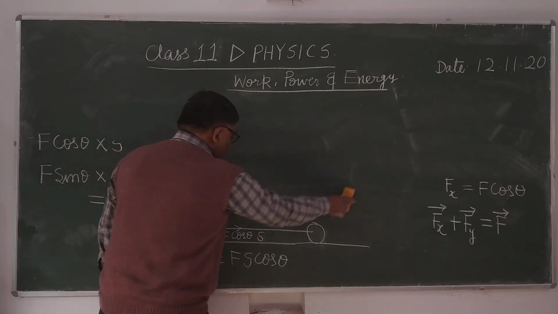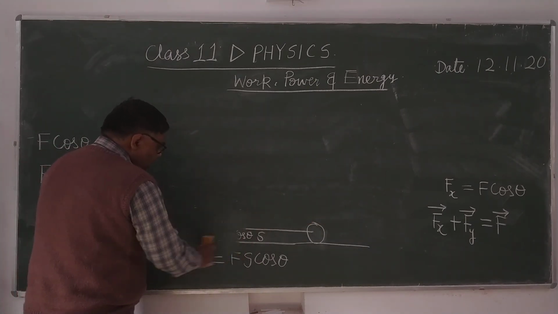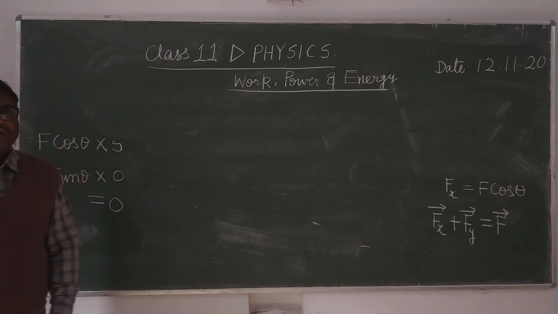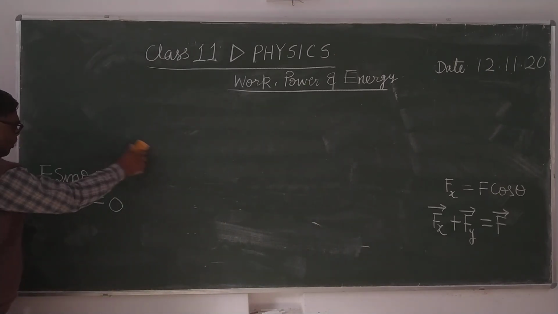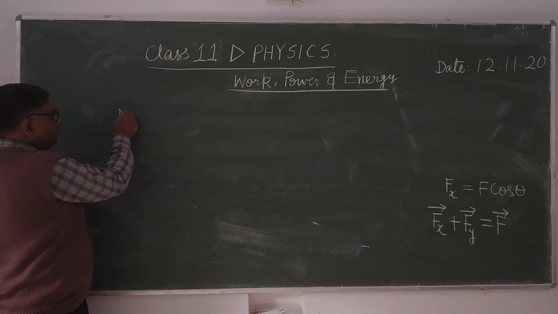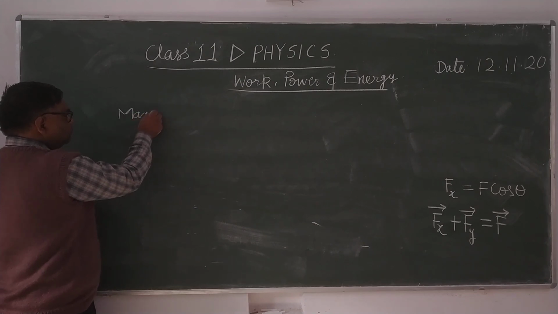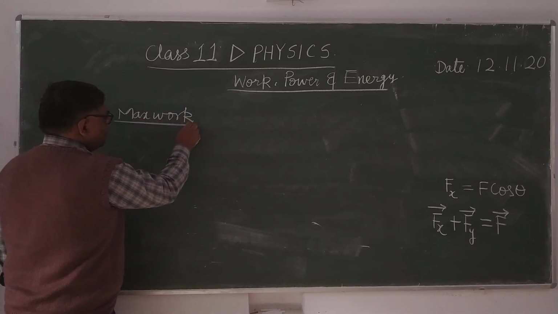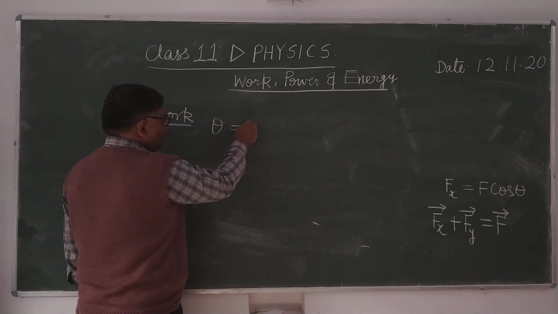Condition of maximum work means under which condition a force is producing maximum work. Maximum work will be produced when theta equals 0 degree.